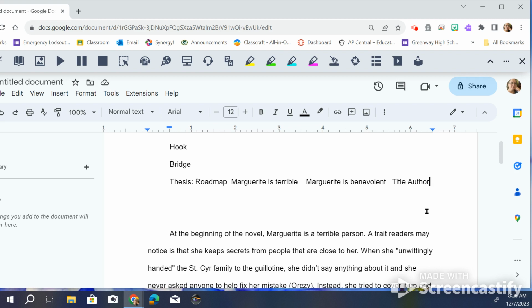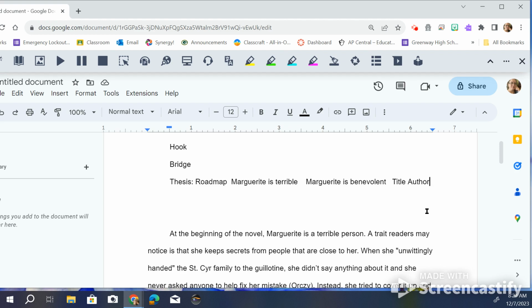I might have the Lady Blakeney begins as a terrible person, but ends as a benevolent one in the famous novel, The Scarlet Pimpernel by Baroness Orczy. Yes. Do I have to be inclusive? Yes.